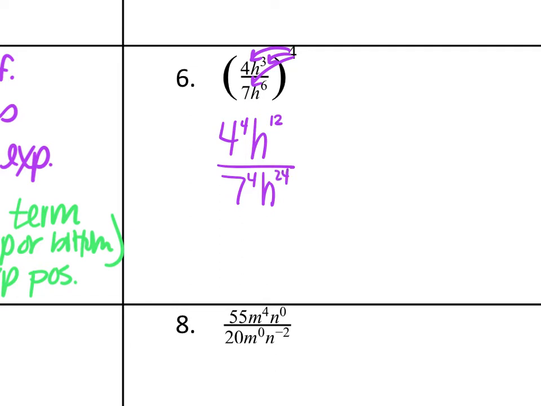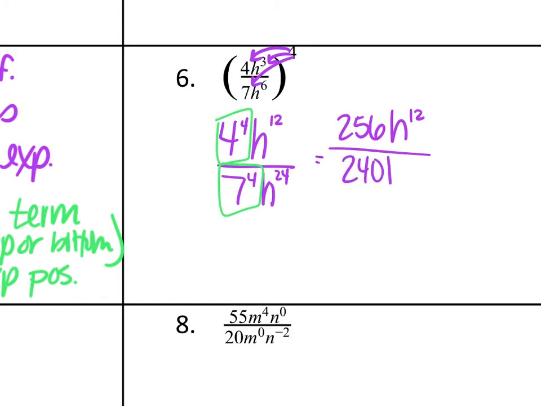All right, now we want to simplify the coefficients. So 4 to the 4th is 256, h to the 12th. I'm going to leave that there for right now. And then 7 to the 4th is 2401, h to the 24th.